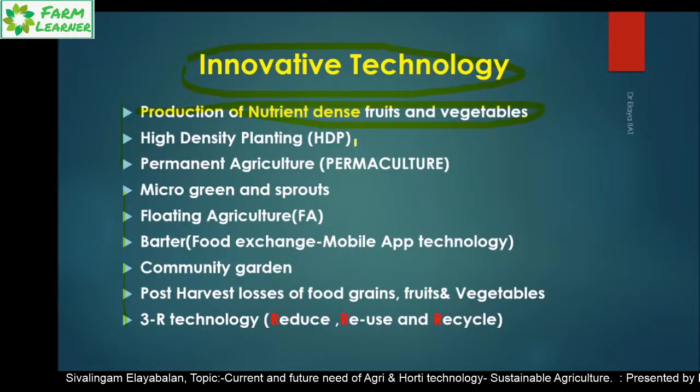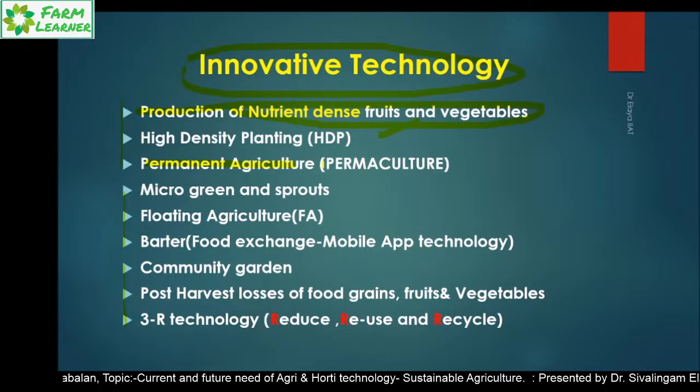Next one is high density planting. Then permanent agriculture, that is called permaculture. Then production of microgreens and sprouts. Then floating agriculture, barter technology, application of mobile app for exchanging of food and growing technology.